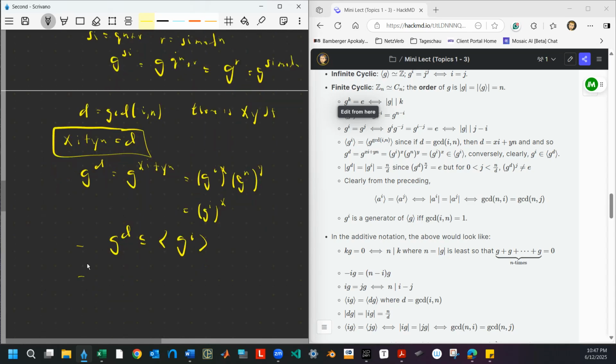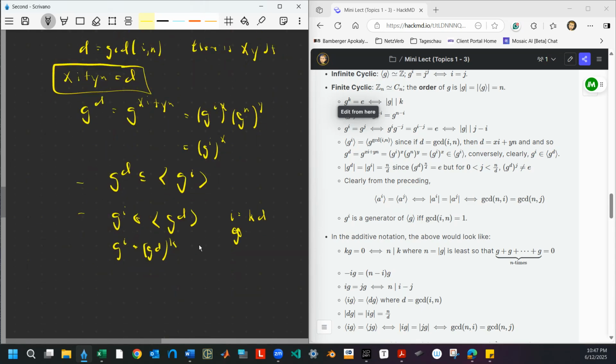The other direction is kind of trivial. ⟨g^i⟩ is certainly contained in ⟨g^d⟩, because d divides i, so i is equal to kd for some k. So g^i equals (g^d)^k, which is an element of that.